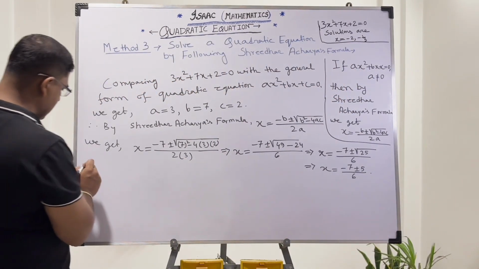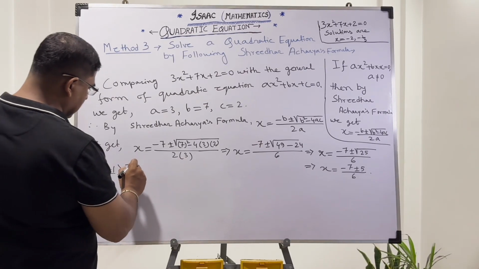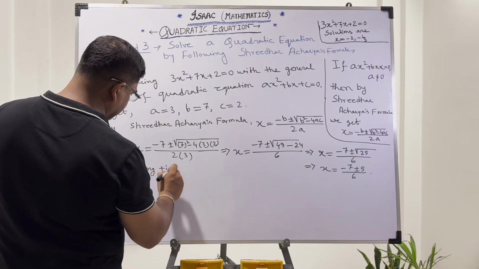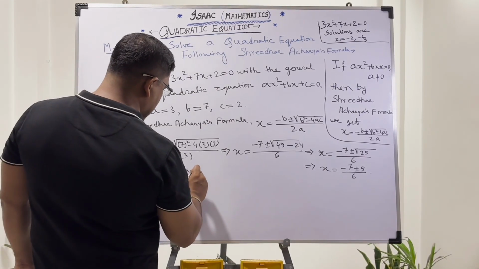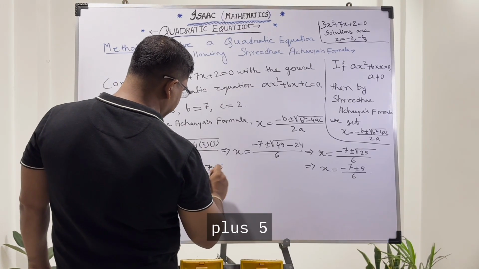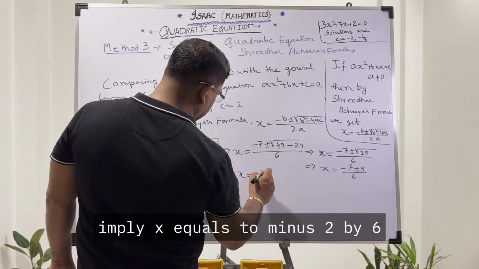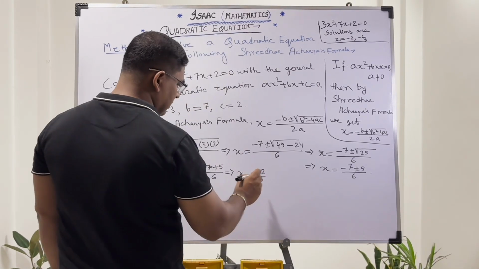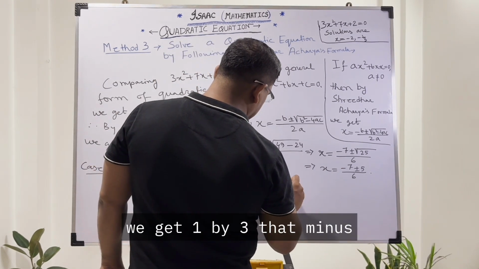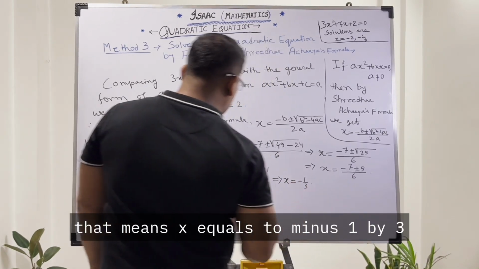Case 1. Taking positive, x equals to minus 7 plus 5 whole divided by 6. Imply x equals to minus 2 by 6. Cancelling these 2 and 6, we get 1 by 3. That means x equals to minus 1 by 3.